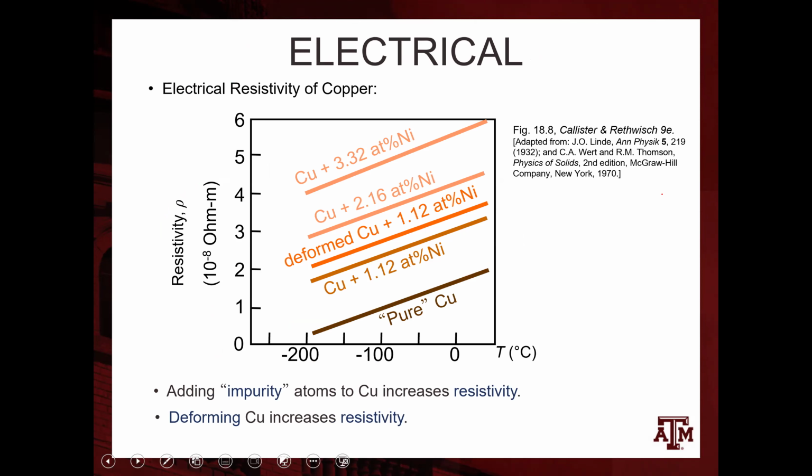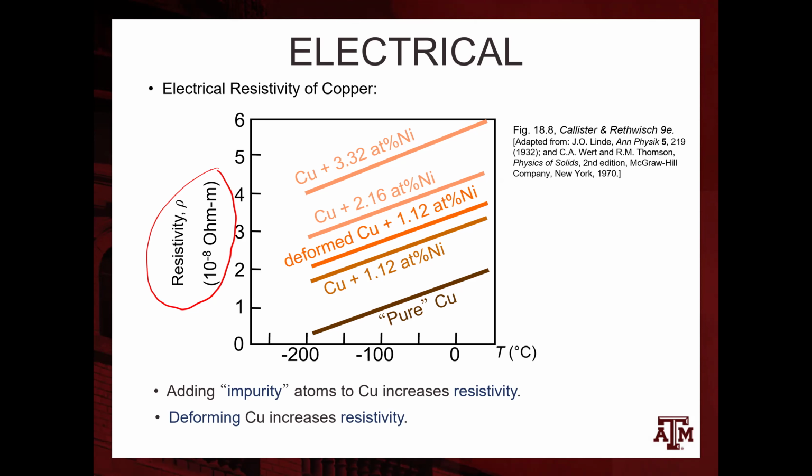Other transport properties that we can also utilize the structure or utilize the composition in this scenario to change its properties is basically something like the electrical conductivity. Here it's showing the resistivity, which is basically the inverse of the conductivity.